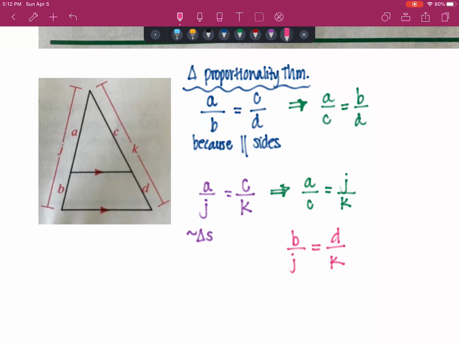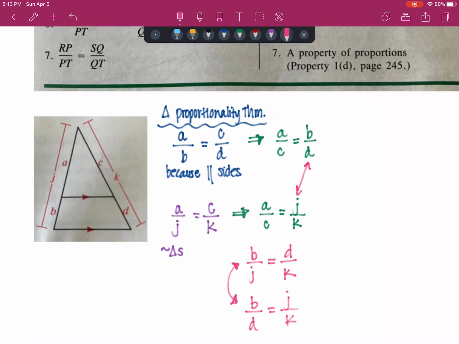B over D could equal anything that A over C equals, so those two are equal. B over D is going to equal J over K, but that's one of these properties right here. Those properties of proportions are just amazing.